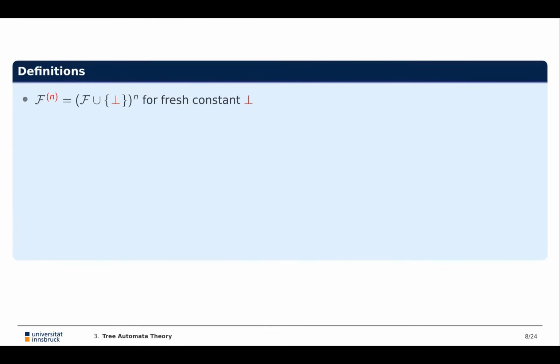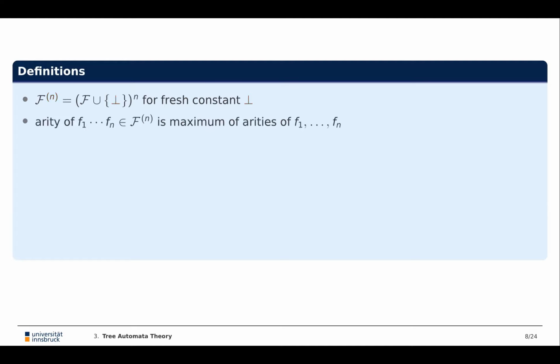Now, since tree automata only accept ground terms and we want to represent binary relations or even relations of higher arity, we need to somehow encode multiple terms as a single one. This is done by extending the signature, as you can see here, by a fresh constant bottom. And then as the new function symbols, we use strings of the previous function symbols and bottom.